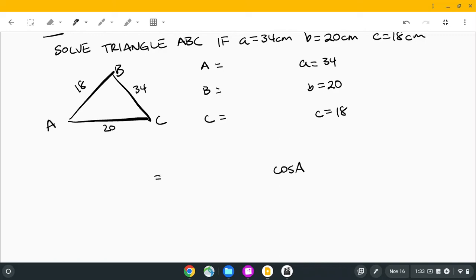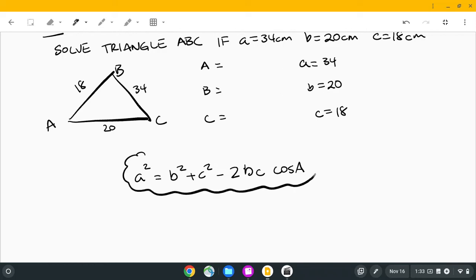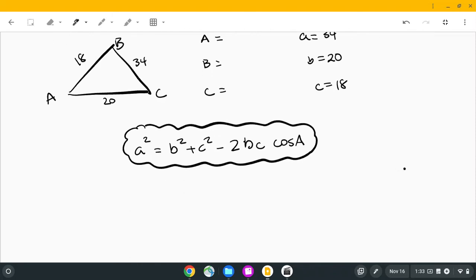Which means that if you're ending with A, then you have to start with A. And then the rest of the formula is going to be this. Okay. So this is what you will be using to solve for angle A.